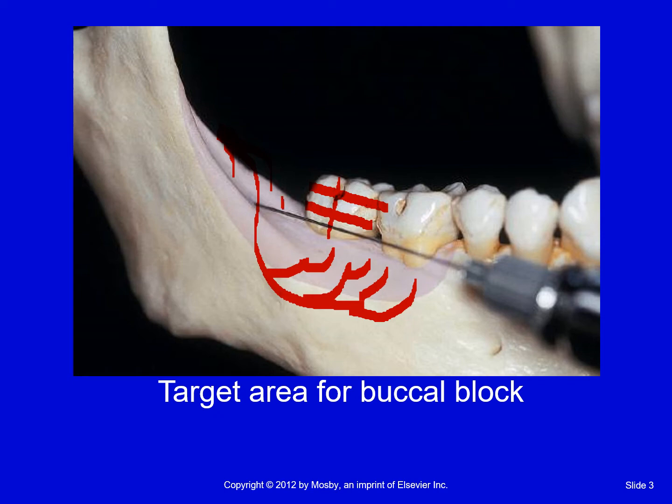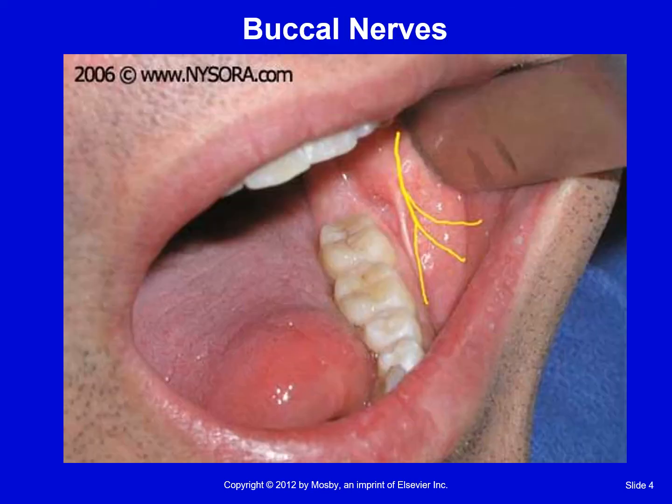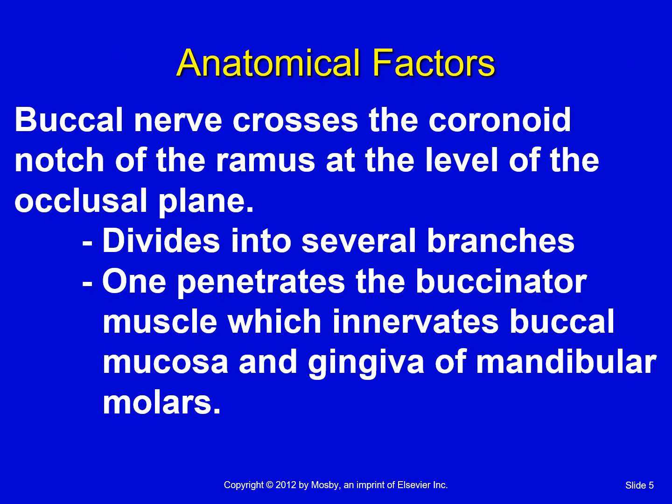But what we're wanting to do is hit very, very close to this buccal nerve. And we only give maybe a stopper full of anesthesia to this. This is a really super easy and very quick injection to give.